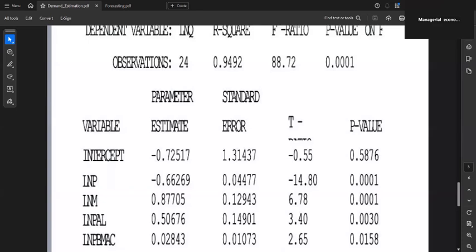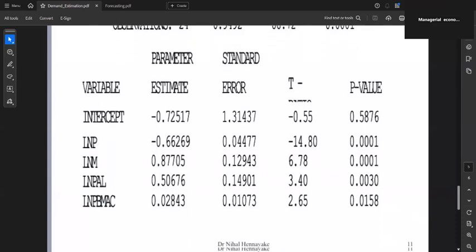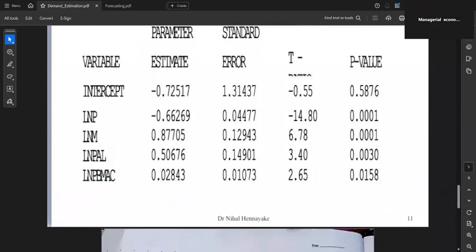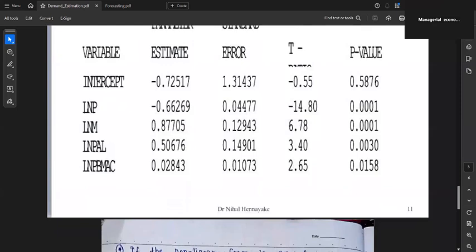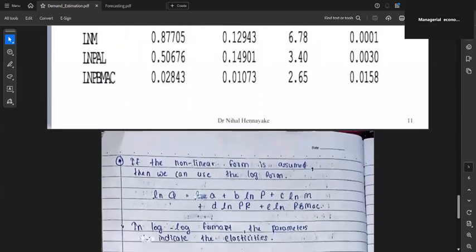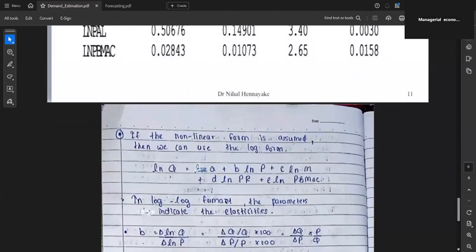R squared has slightly reduced. And here, if you look at the nonlinear functional form, the t-stat for the intercept is not significant. It has become non-significant here. If we assume the nonlinear functional form, that means we cannot actually include A in the intercept.